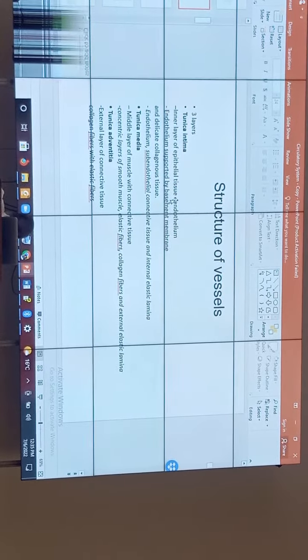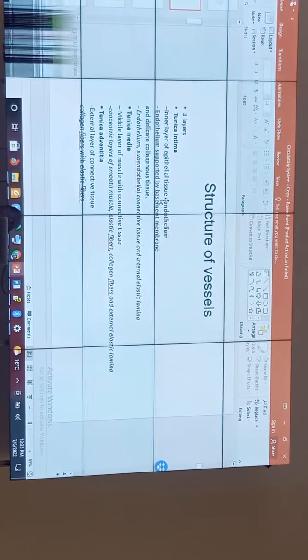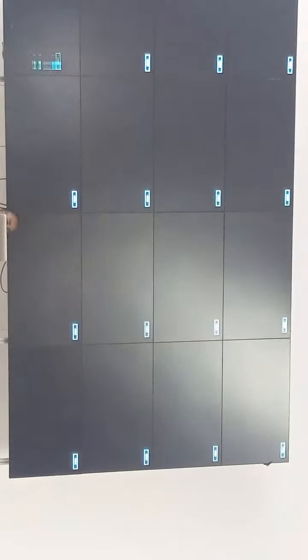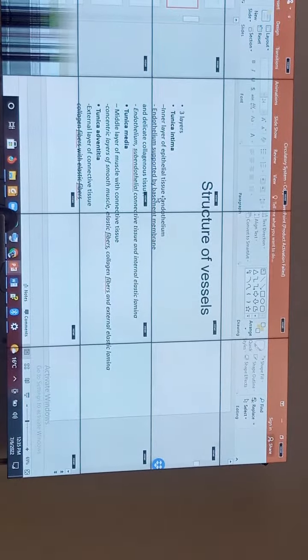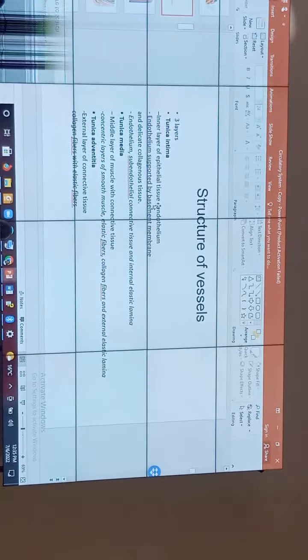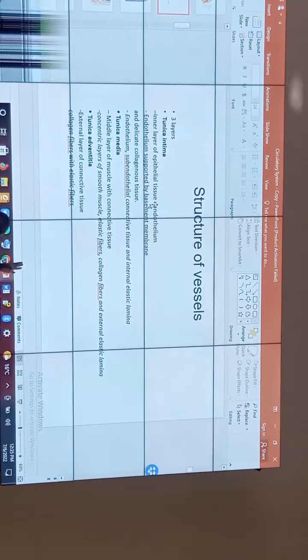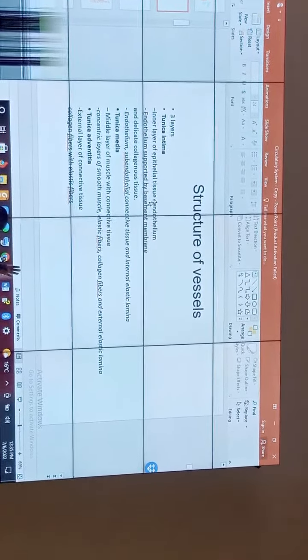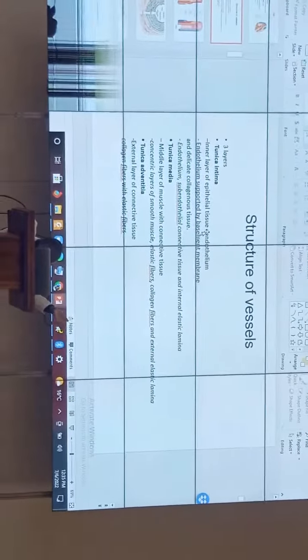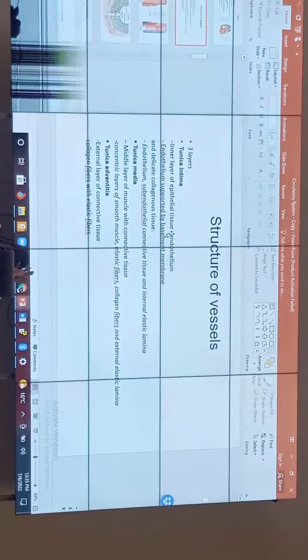So when we talk about the structure of the blood vessels, I'm not going to go back. I showed you how blood flows from the heart to the ascending aorta, to the arch of the aorta, its branches, which take blood to the head and neck region. We had the subclavian artery and the common carotids, taking blood to the head and neck region, isn't it?